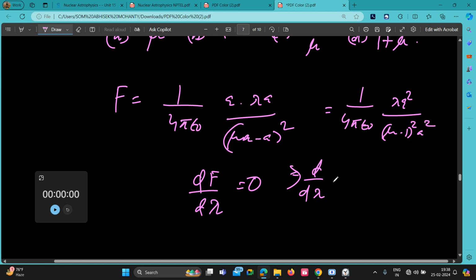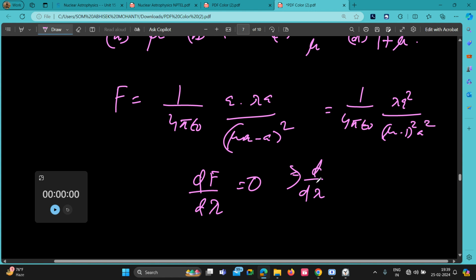Now there is another thing here. Okay, see another thing. Here we have to substitute this q, because if you take the derivative with respect to lambda, lambda will be gone. So we have to do something with it.